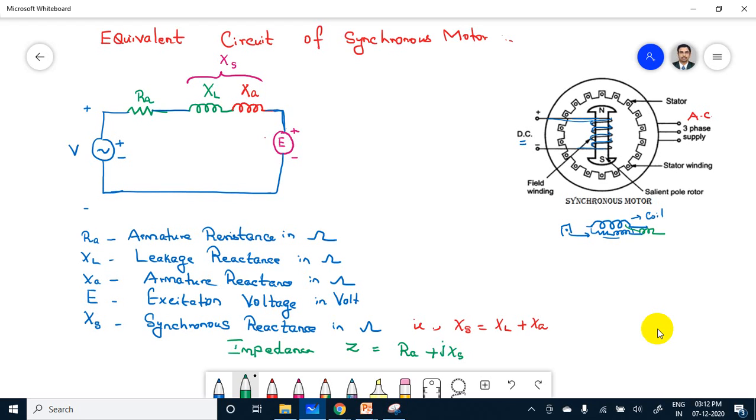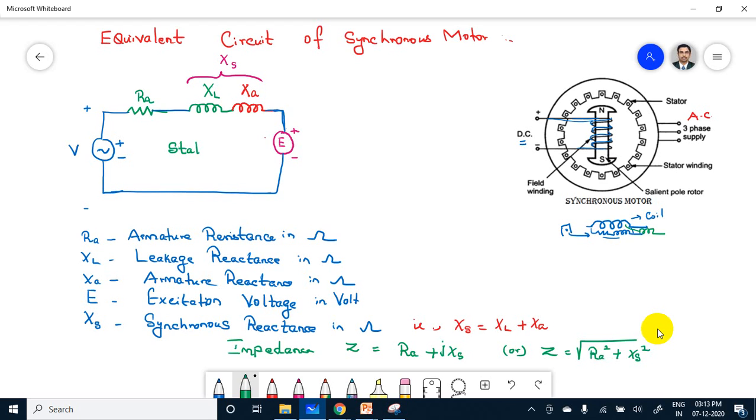Or we can write Z equal to square root of Ra square plus Xs square.